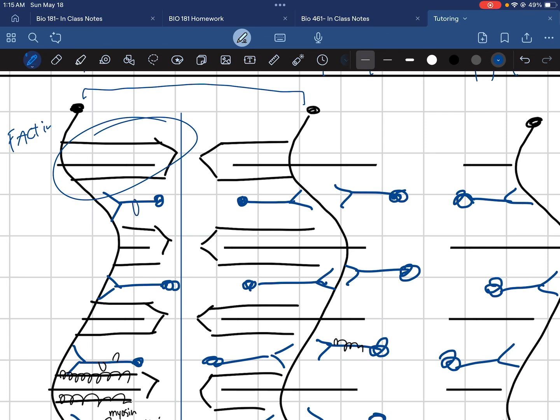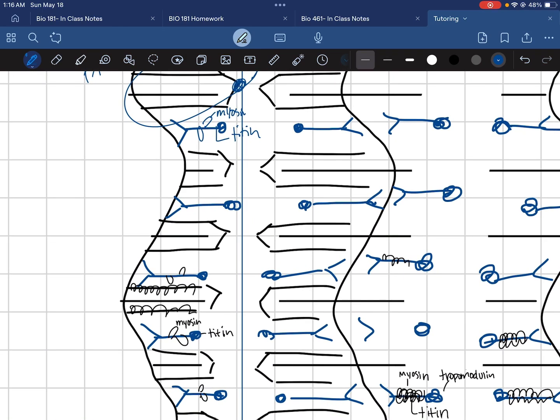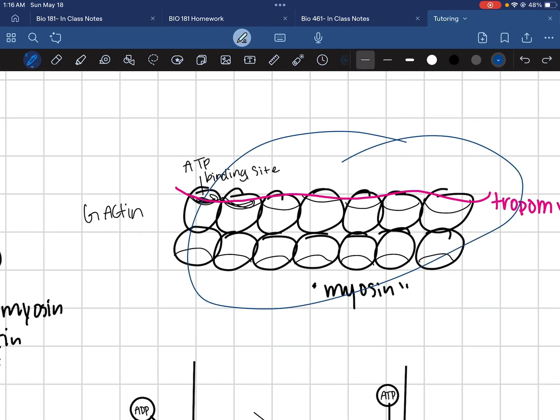And then here is where we're gonna find, so this right here is the titin. And then we have these little heads, which is the myosin heads. And then at the end right here is what I was talking about. This is our tropomodulin. And then around here is where we're gonna have these F-actins, which are composed of G-actin.